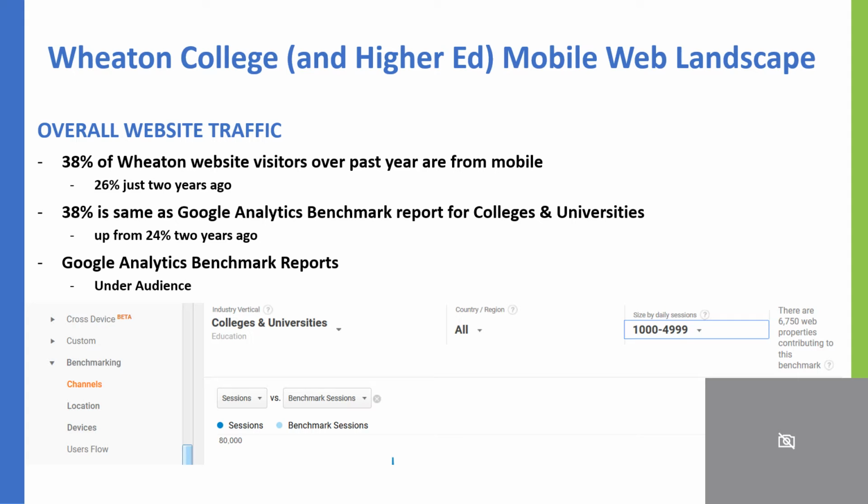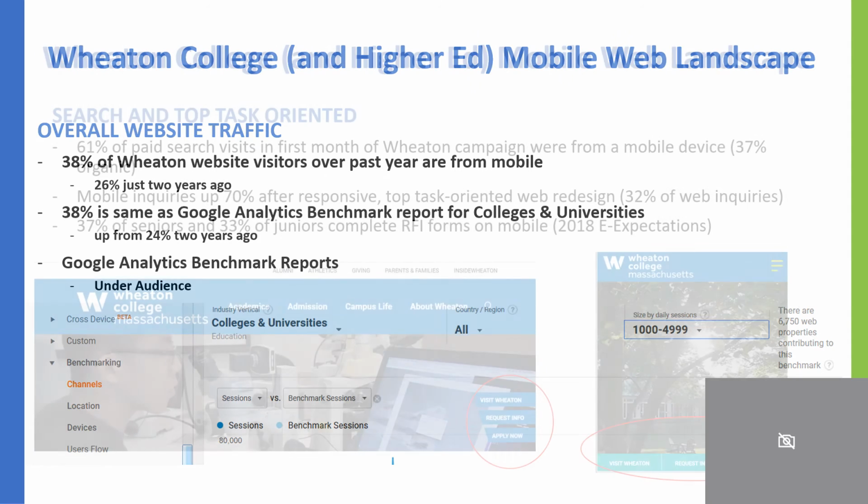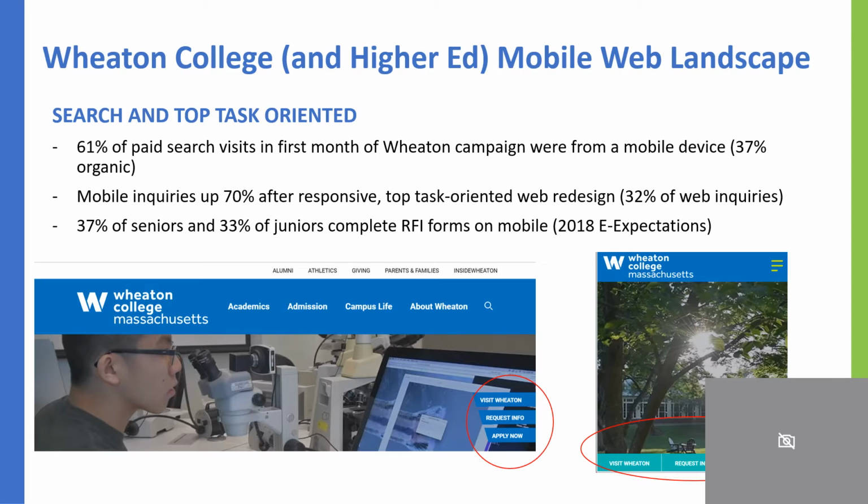Within the audience section of Google Analytics, there is a section called benchmarking, and you're able to get benchmark reports for similar institutions, and you can break that down by country, by region, compare through a grouping of how many sessions are engaging with you on a daily basis. So understanding how your competitors, or those universities and colleges that are like you, are engaging with your site on a mobile basis, I think is really important to understand as you move forward.